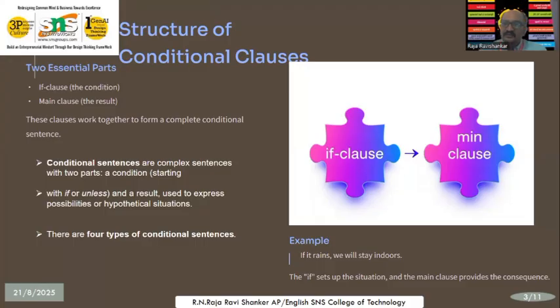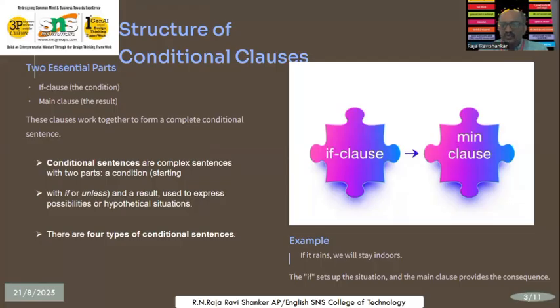We split it in terms of grammar, we split it in terms of the complexity of the meaning. Normally we look at the grammar because if you use a certain kind of tense with the if, then we need to continue with the other aspects also. So that is how it works.